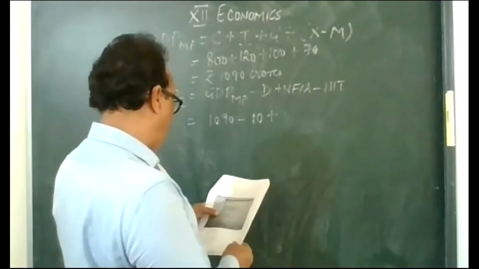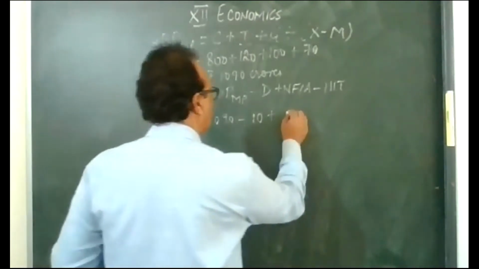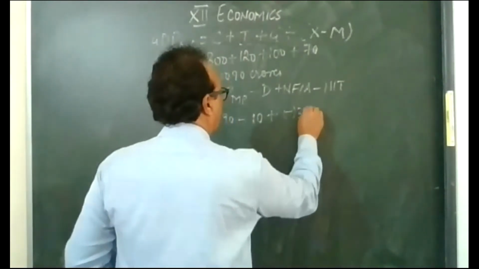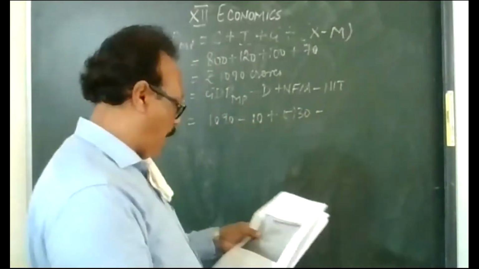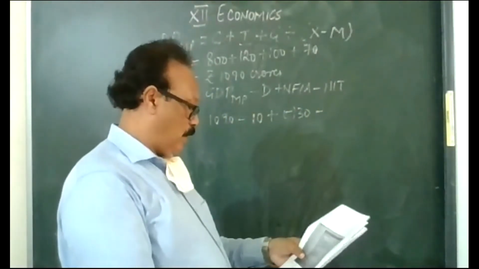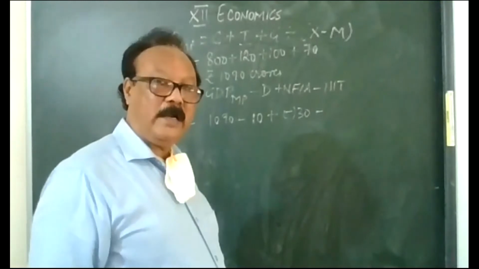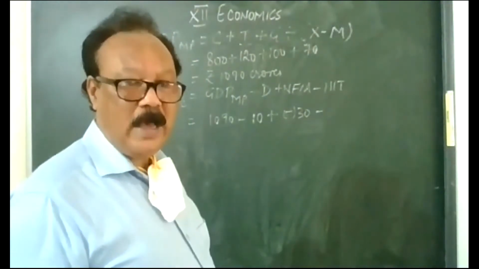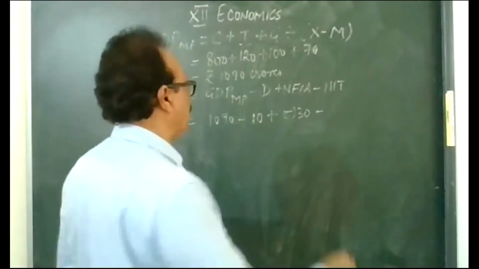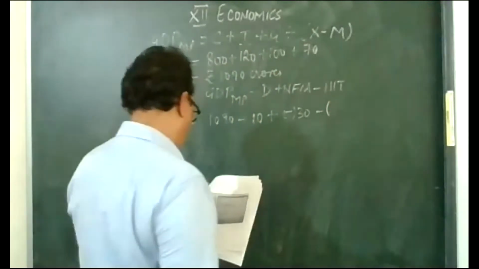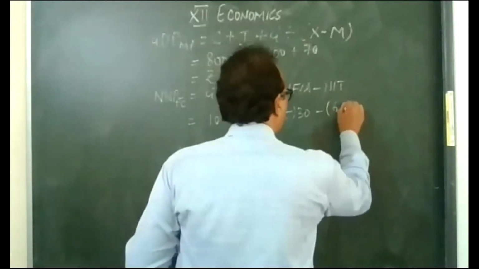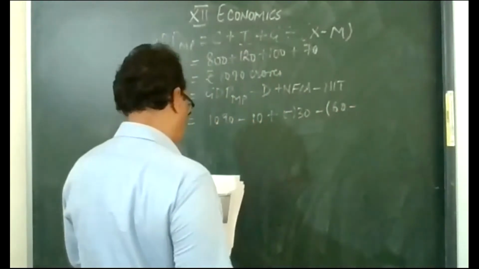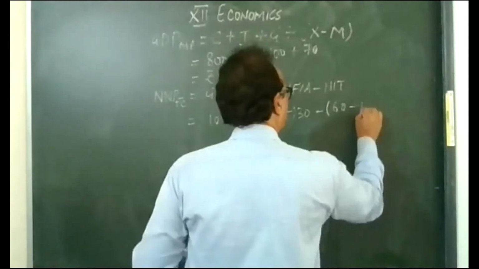Here we have net factor income from abroad minus 30, minus net indirect taxes. Here we don't have net indirect taxes directly given. How do we calculate? IT, that is indirect taxes, minus subsidies. Indirect taxes is given as 60, minus subsidies is given as 10.